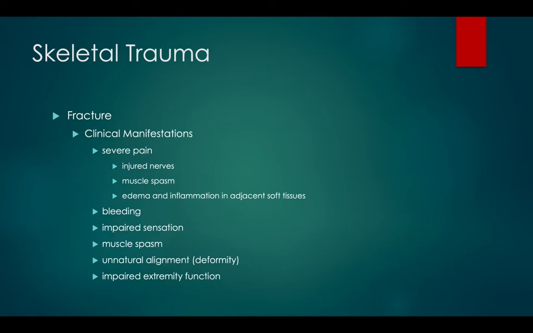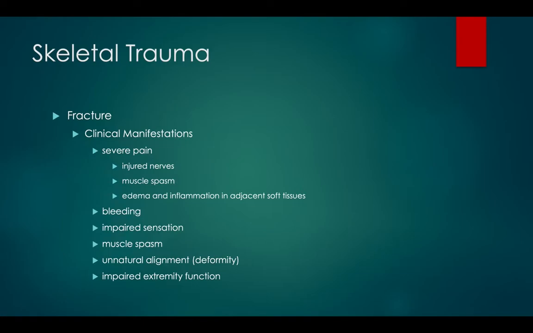Probably not very good. So what makes more sense to treat the pain is to treat the muscle spasm. Because every time those muscles contract, they're making broken bones rub against each other and causing severe, severe pain. So if you treat the muscle spasm with, say, Flexeril, you can control the muscle spasm, it controls the pain at the same time, and it also allows these people to take nice, big, deep breaths without having further muscle spasms.